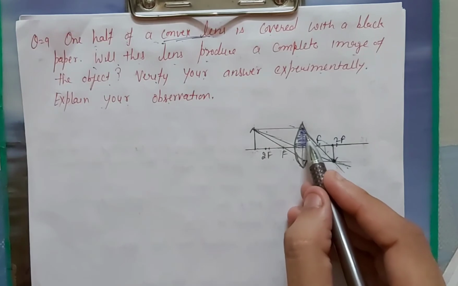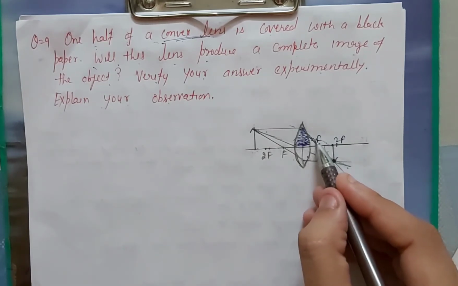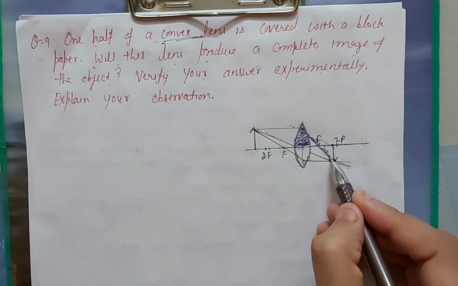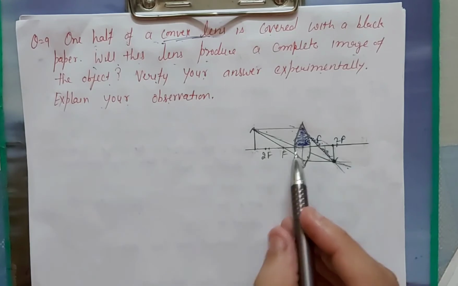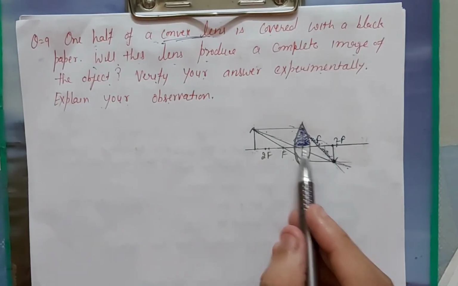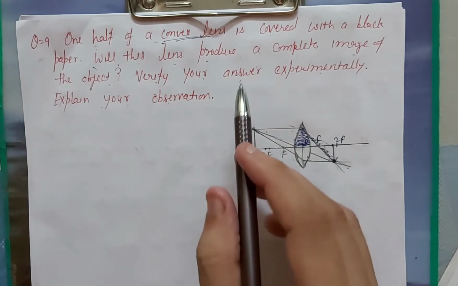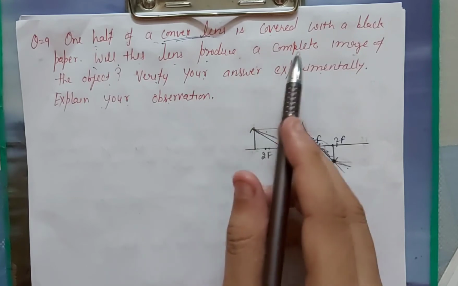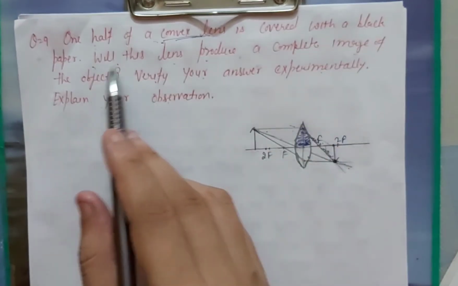Suppose we cover this part with a black paper, then there is no refraction, so this ray will not come. But if we observe, these two rays are continuously coming and they also form a complete image. So yes, we can get a complete image if we cover one half of the convex lens with a black paper.